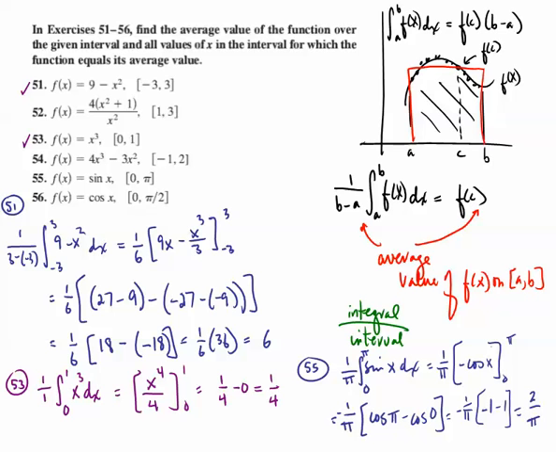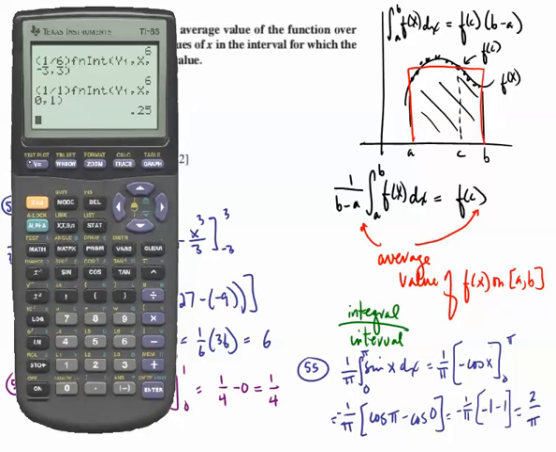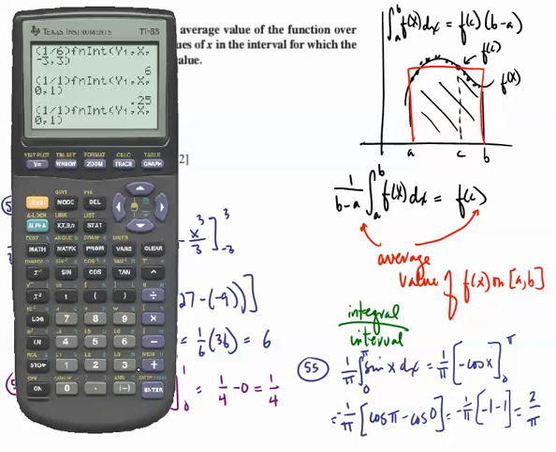Well, bring in the calculator. Alright, so let's put in our function real quick here. And we have sine of x, and no extra characters there. And the width of the interval is 1 over pi.